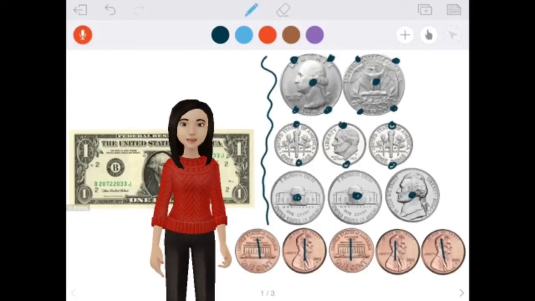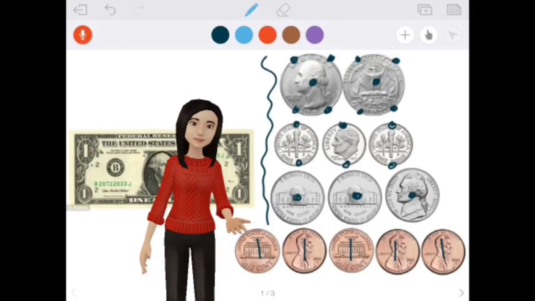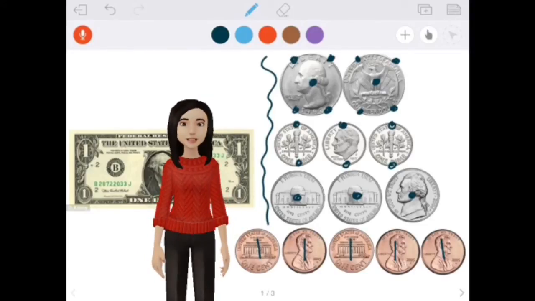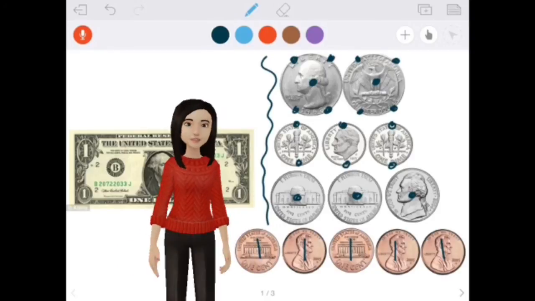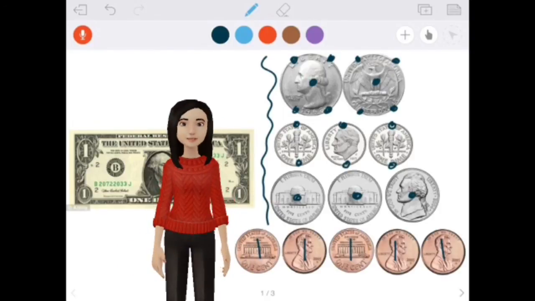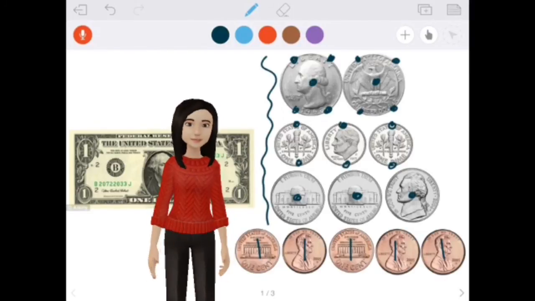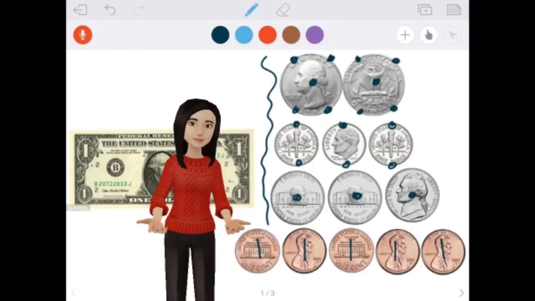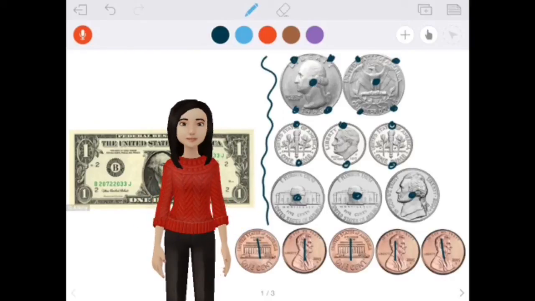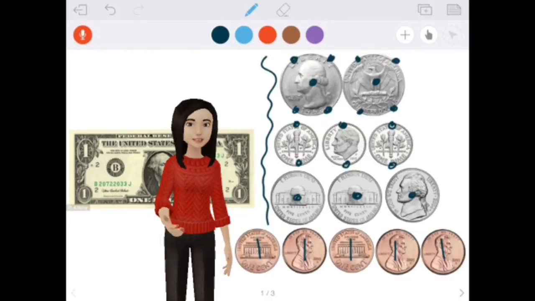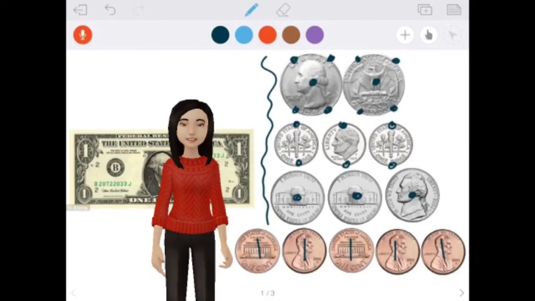60, 70, 80. Now I have 3 nickels. So I can start skip counting by 5s from 80. 80 in my head, 85, 90, 95. Now I have to count by 1s.